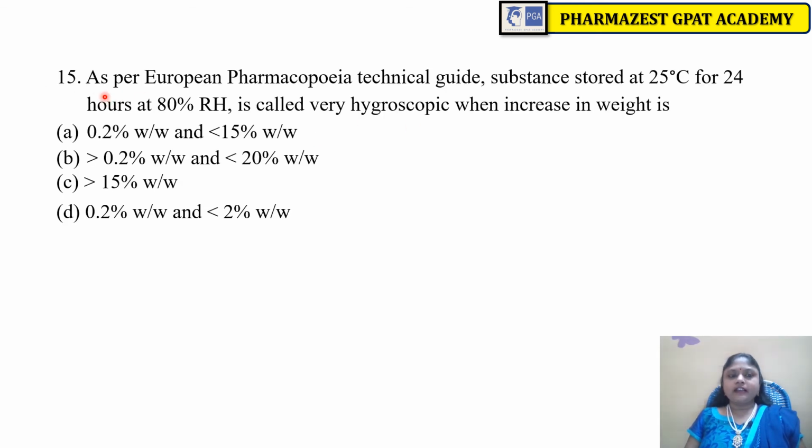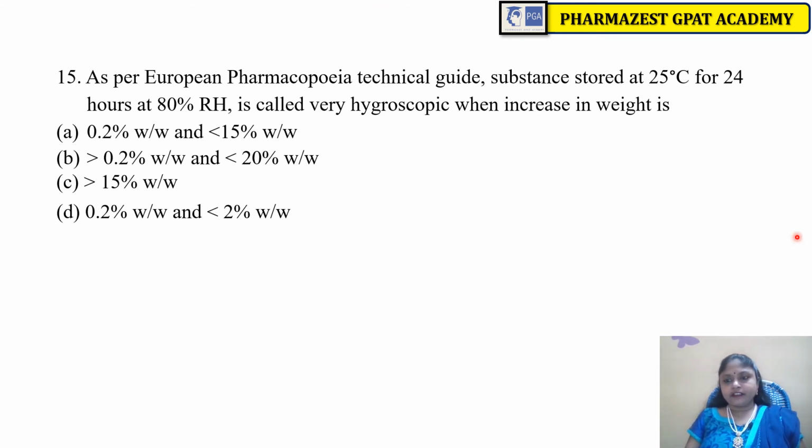The next question is, as per European Pharmacopoeia Technical Guide, a substance which is stored at 25 degrees centigrade for 24 hours at 80% relative humidity is called very hygroscopic when the increase in weight is: A. 0.2% weight by weight and less than 15% weight by weight, B. greater than 0.2% weight by weight and less than 20% weight by weight, C. greater than 15% weight by weight, and D. 0.2% weight by weight and less than 2% weight by weight.